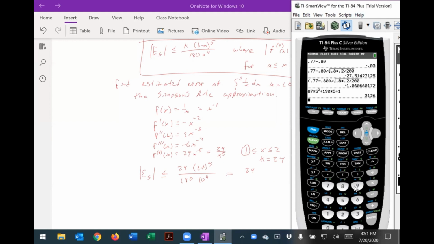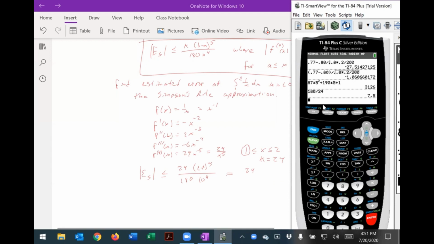So I'm going to go 24 over 180, or 180 divided by 24. Okay, 7.5.